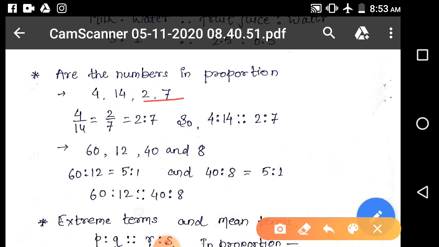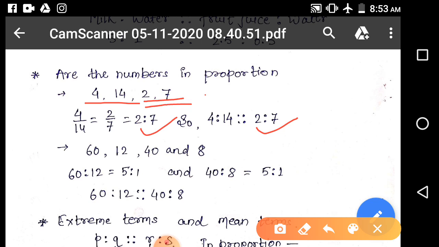So that means 4 is to 14 is equal to 2 is to 7, and 2 is to 7 is equal to 2 is to 7. So we have two equal, equivalent ratios. That means 4, 14, 2 and 7 are in proportion.